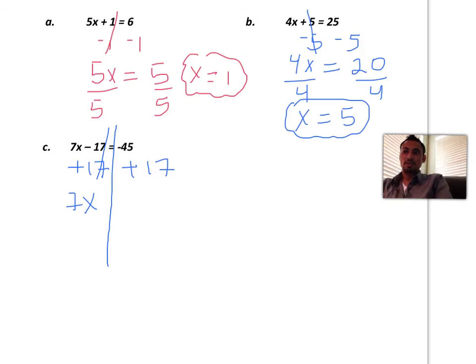So 45 minus 17 should give you 28, and 45 is negative, so that means negative 28. Now we need to solve for x, and now this step is no different than the ones before. You have a 7 in front of the x, you divide by that 7 on both sides of the equation. So let's now divide by 7.